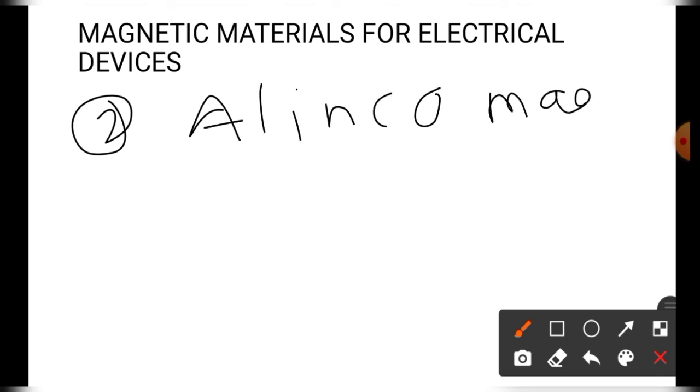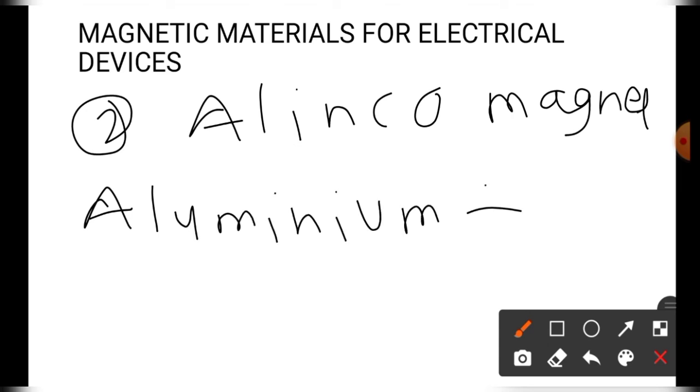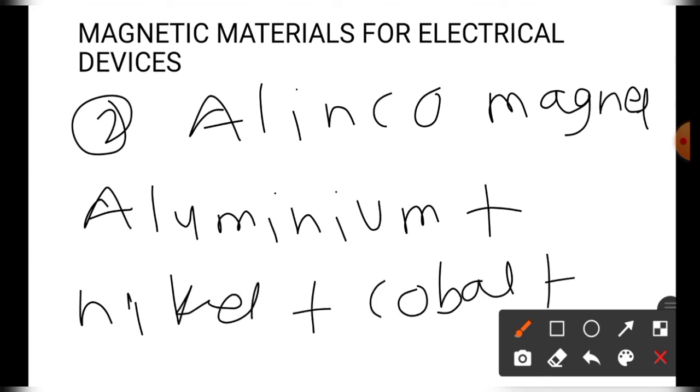Now we will see the next type of magnet, the Alnico magnet. It is made up of aluminum, nickel and cobalt. Now we are going to see the advantages of the Alnico magnet.